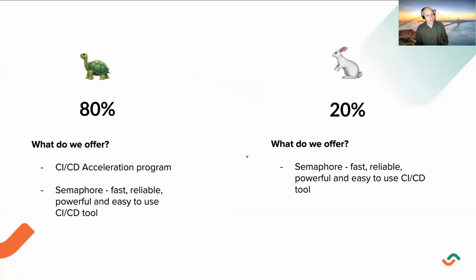Okay, and here we are at the end. What do we have? We have these 80% of the companies. So what can we offer to them? We can offer a CI/CD acceleration program, which helps them implement those practices much faster.